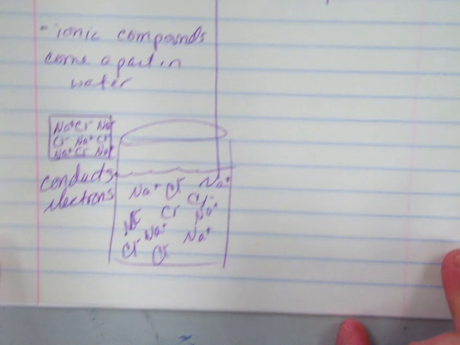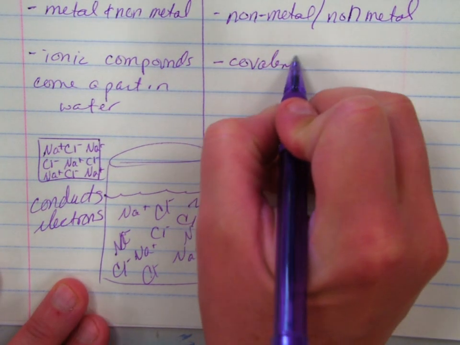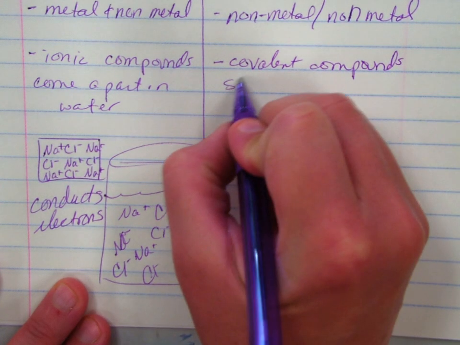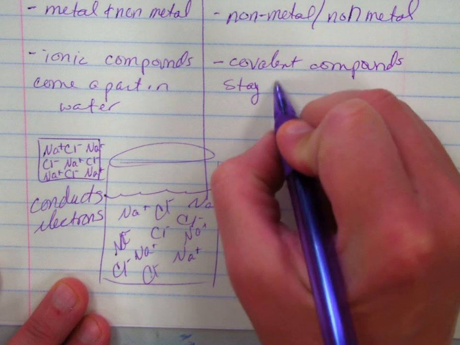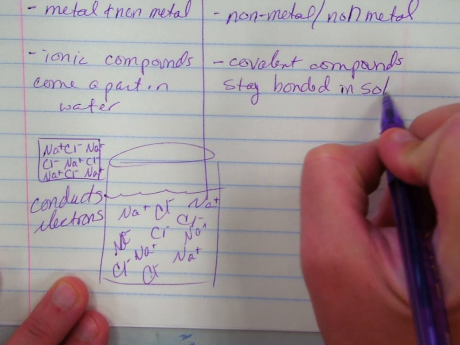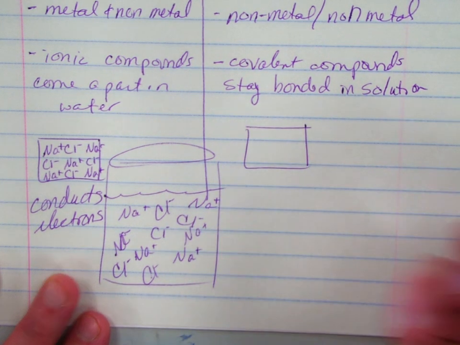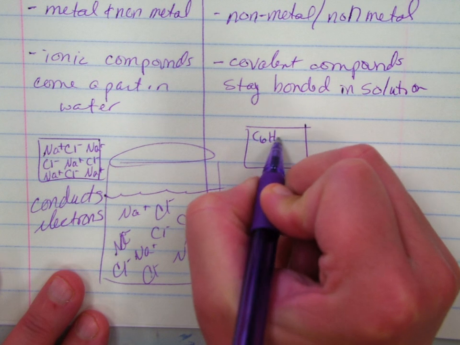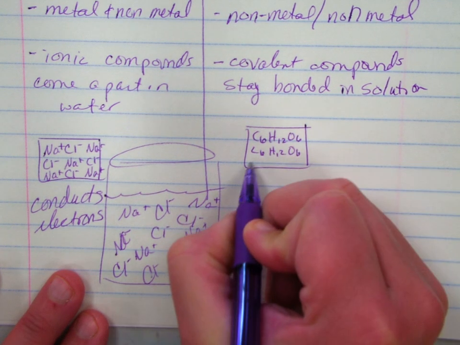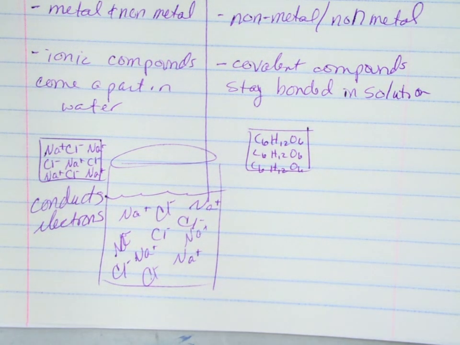Where for covalent compounds, I'm going to use sugar as my example here, they stay bonded in solution. They stay as their compound when you put them in water. So here's my sugar crystal, my cube of sugar. Sugar is C6H12O6, and it is just one molecule on top of another molecule stacked together.